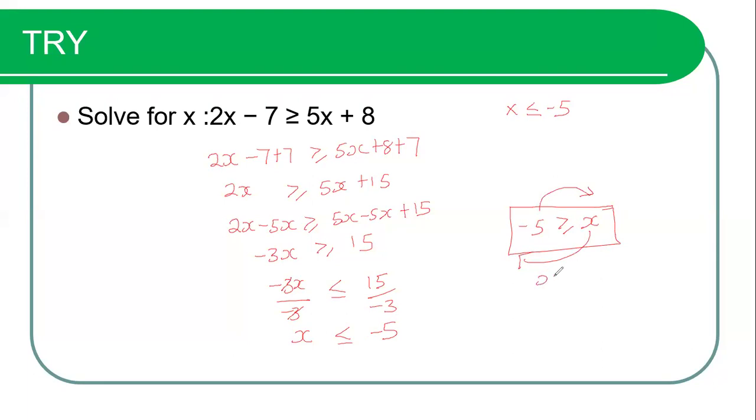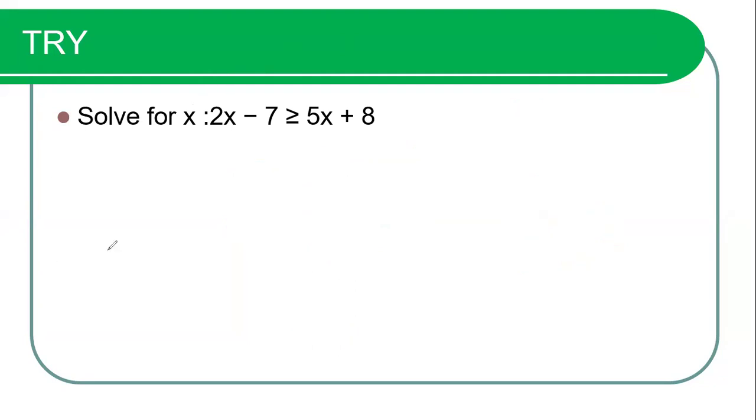In case you had taken your 2x the other side, you would have ended up with something like this, so this is also a correct answer. Do not worry that it is wrong. And for people who did it like that, you should not change the sign because you are dividing by a positive number. I'm going to clean this board and then we proceed to another number.